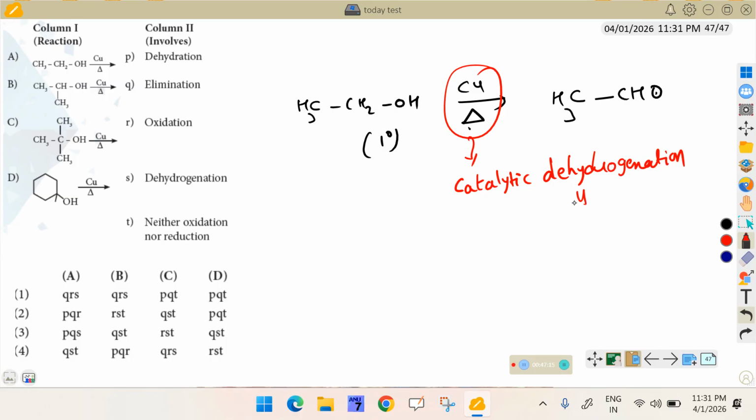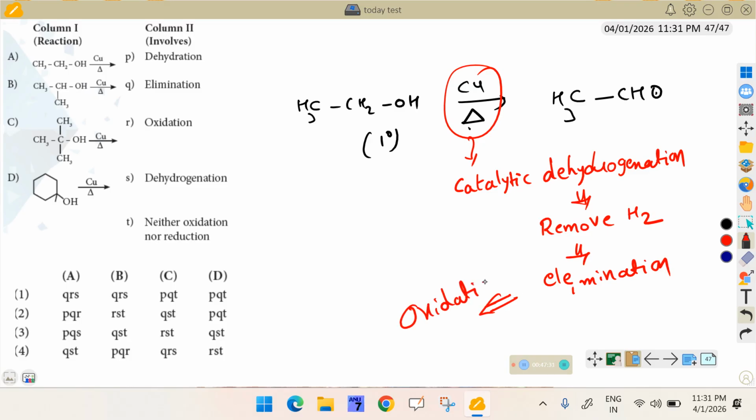Dehydrogenation means removal of hydrogen. It is like an elimination process. Removal of hydrogen is also called oxidation. That means A is suitable for elimination, oxidation and dehydrogenation.